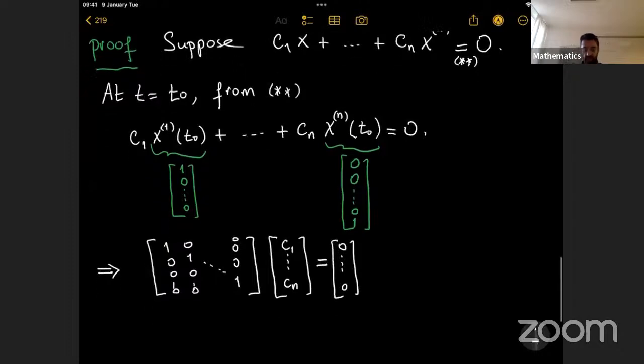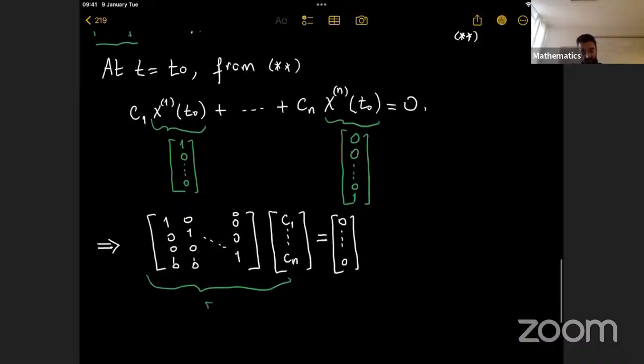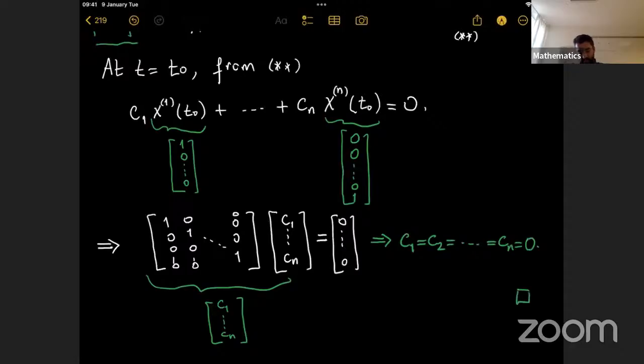But the identity times (C1, ..., Cn) is nothing but (C1, ..., Cn), which implies that C1 up to Cn are all 0. So C1 equals C2 equals Cn equals 0, and this tells you that the set is linearly independent. Thus, the set is linearly independent.